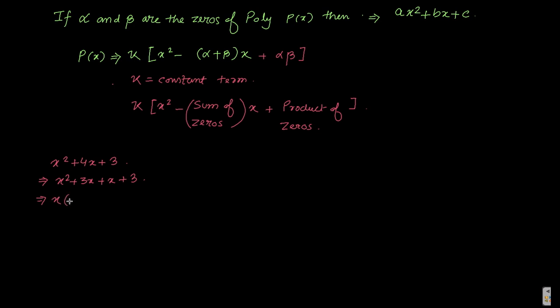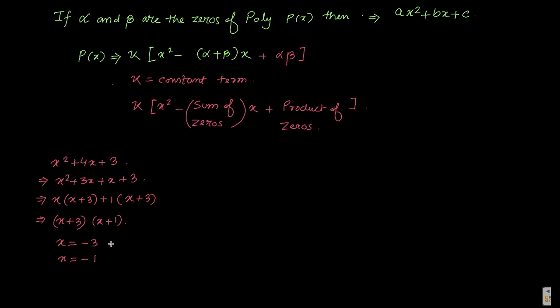Taking x common in the first two terms, we get x plus 3, and taking 1 common from the last two terms, it becomes x plus 3. So x plus 3 is common to both terms, and we get x plus 3 and x plus 1, that is x equals minus 3 and x equals minus 1.